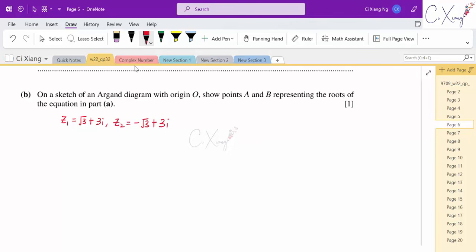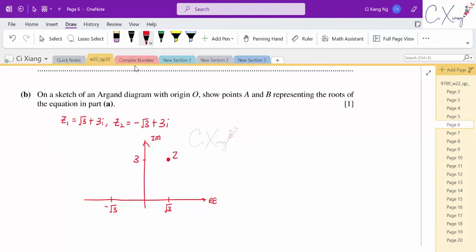If I want to sketch it on the Argand diagram, how will it look? I have the real axis and imaginary axis, and then square root 3. If you press the calculator, it is something like 1.7, and then 3 should be higher. So I label this as square root 3, and 3 will be much higher, which is 3 here. For the x, I have negative square root 3 as well, so negative square root 3 plus 3i will be here.